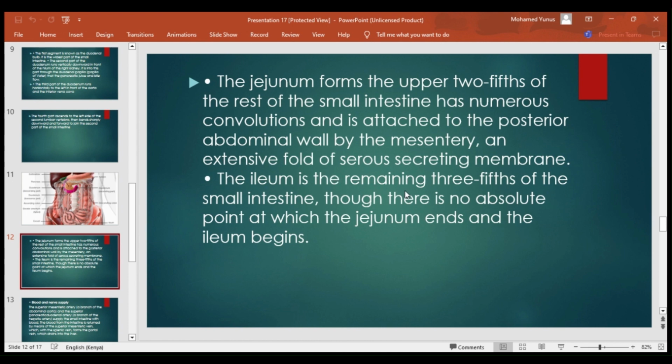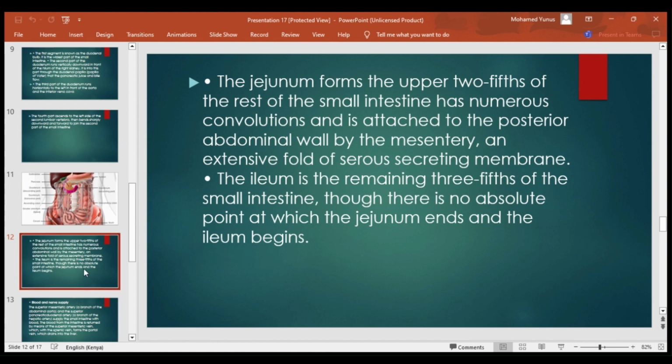We find that the ileum is the remaining three-fifths of the small intestine. Though there is no absolute point at which the jejunum ends and the ileum begins, you can't tell that this is where the jejunum ends and this is where the ileum begins.